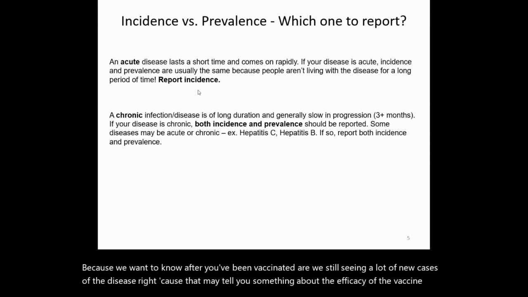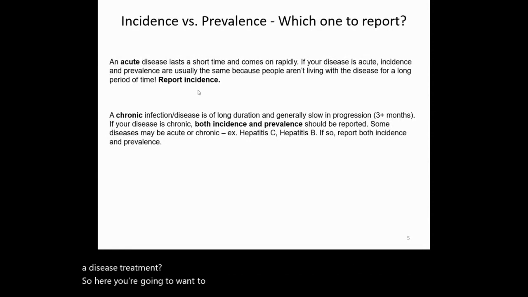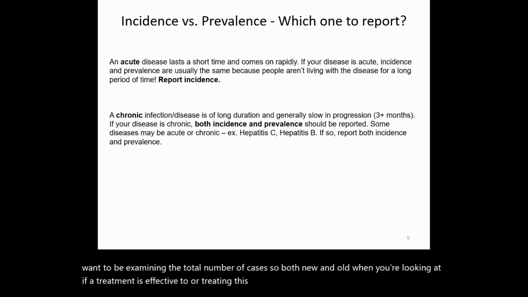All right, what statistic would you be more interested in if you are investigating the efficacy of a disease treatment? So here you're going to want to be looking at both incidence and prevalence, okay? Because you want to be examining the total number of cases, so both new and old, when you're looking at if a treatment is effective toward treating this disease.